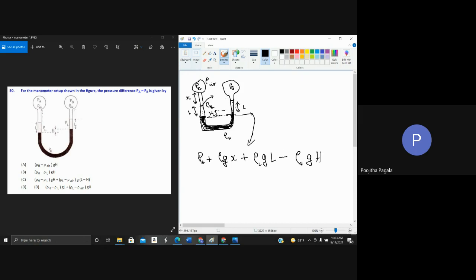And then further you're moving up by a distance of L, so it is further going to decrease by minus rho L into GL.